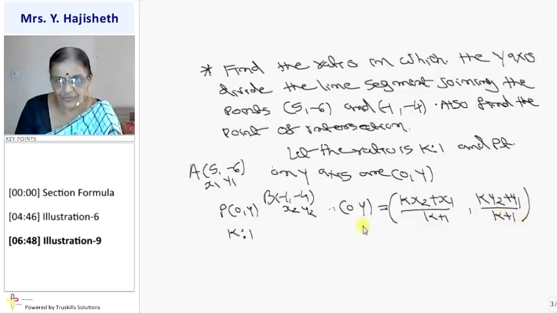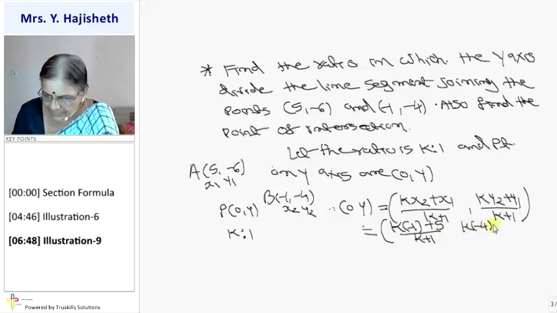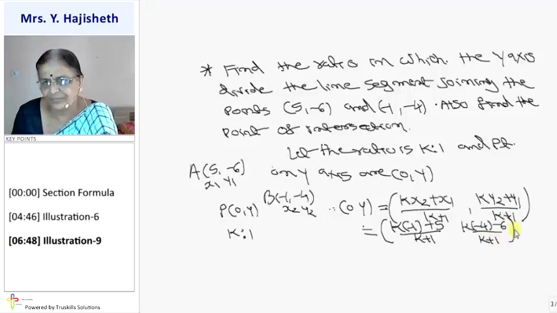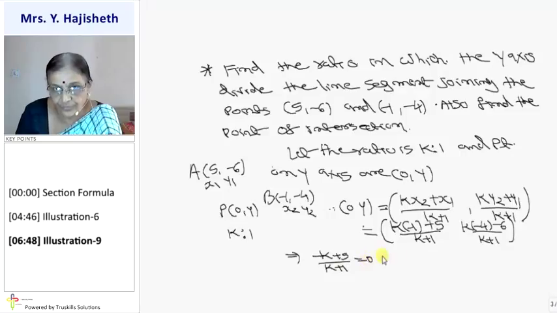Now I put the value: 0, y is (k into minus 1 plus 5) upon (k plus 1), (k into minus 4 minus 6) upon (k plus 1), clear. So if I compare it, (minus k plus 5) upon (k plus 1) should be equated with 0.